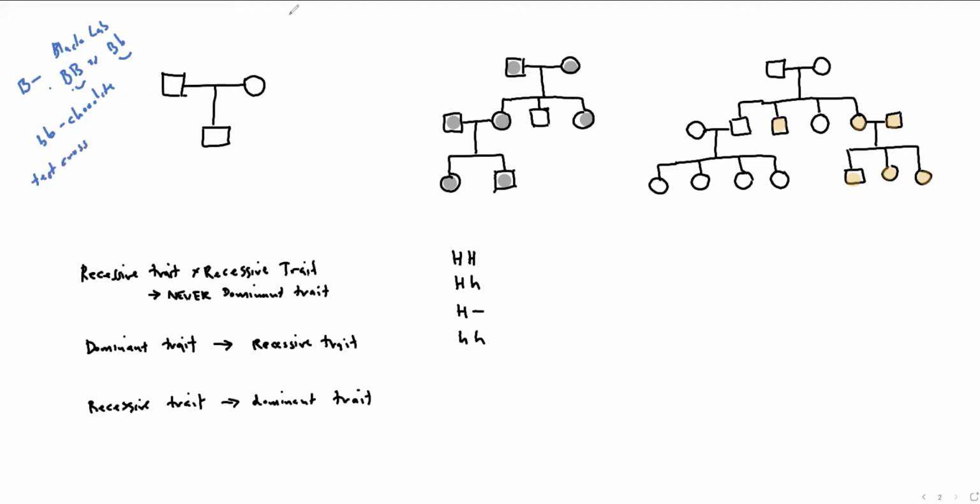So if you've got, let's say, the black color is dominant, okay? What you do is you cross it with a known little b, little b.